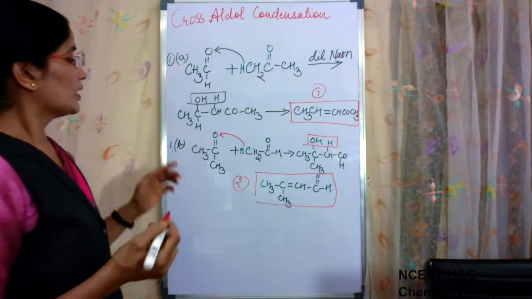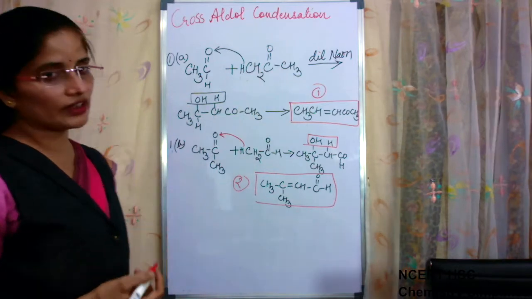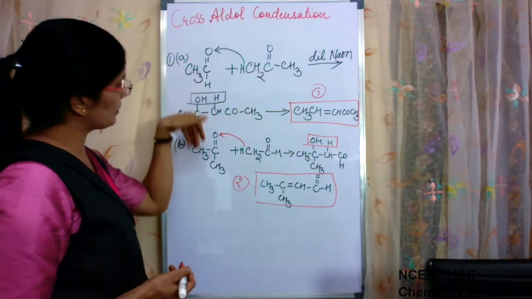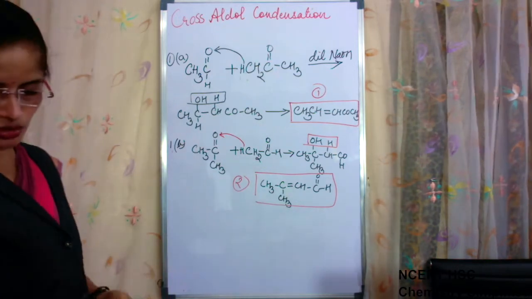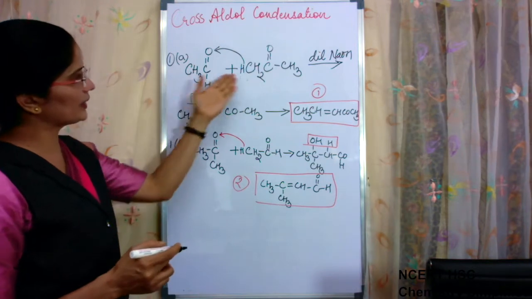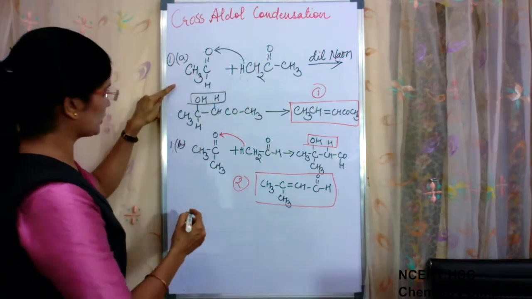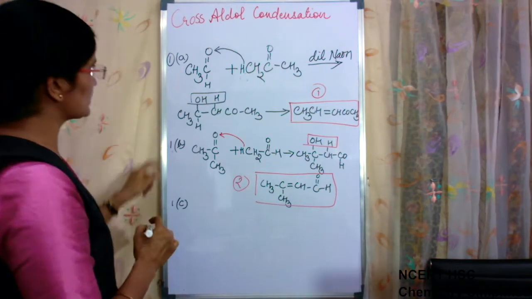So 1 and 2 products are these, and the third and fourth products will be what? When this combines with itself and that combines with itself. We write those two reactions also, but we will write directly the elimination of water, not the complete reaction. So this is the third reaction. What is it?